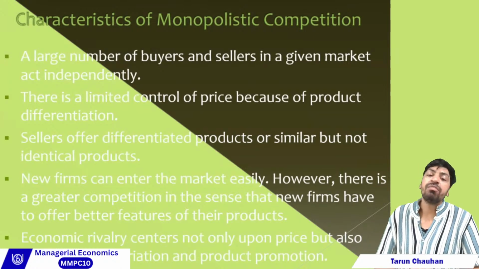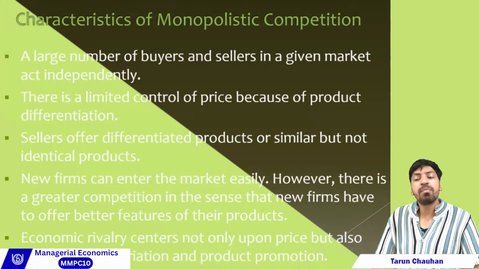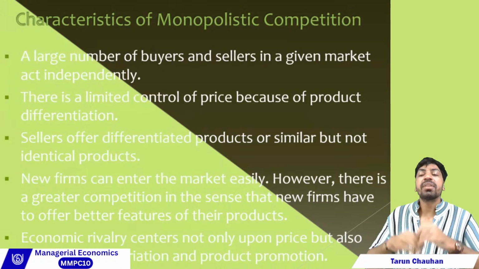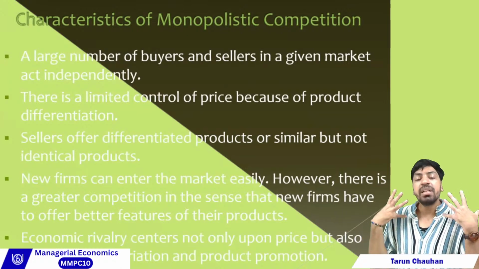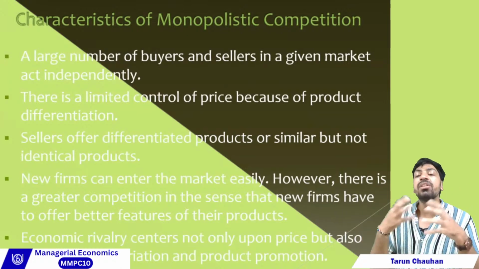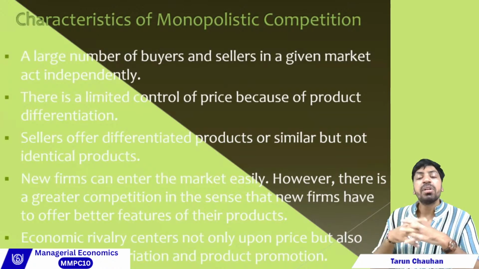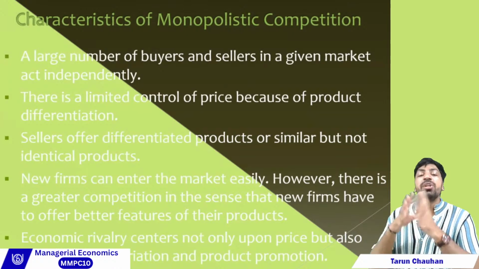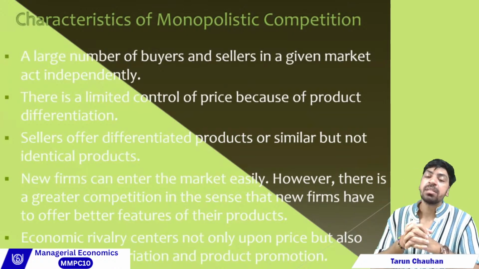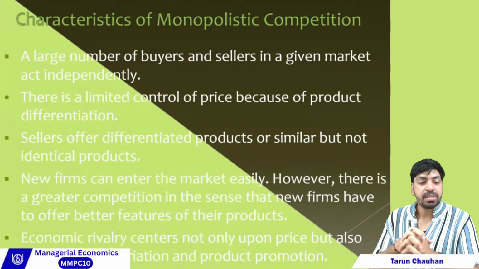In fact, new firms can easily enter the market, and because of product differentiation we have greater competition, as new firms offer better and better differentiated products, along with new features, to offer to the customers.